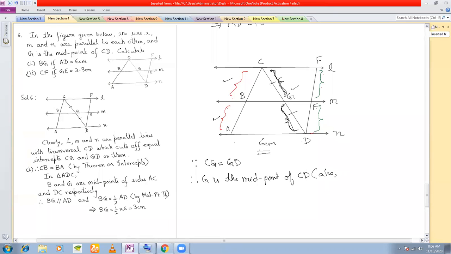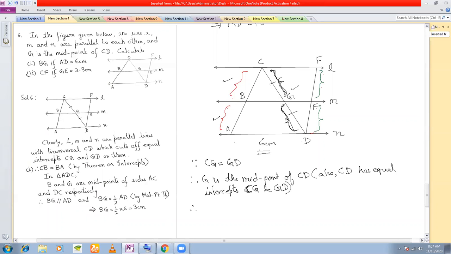Also, you can say that G cuts CD into equal intercepts. CD has equal intercepts CG and GD.